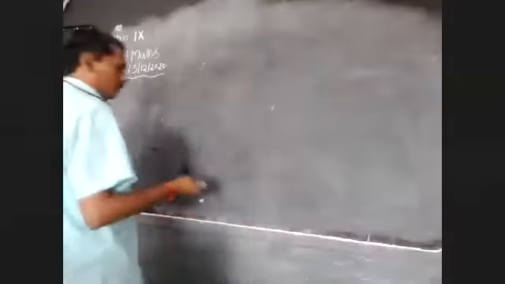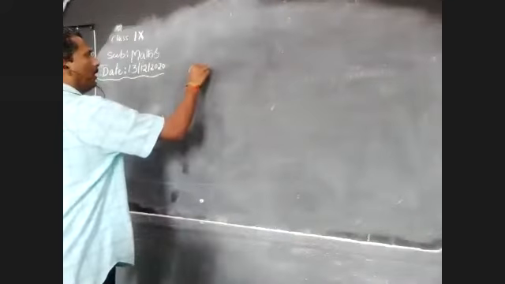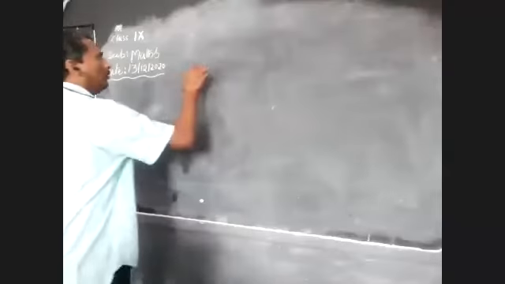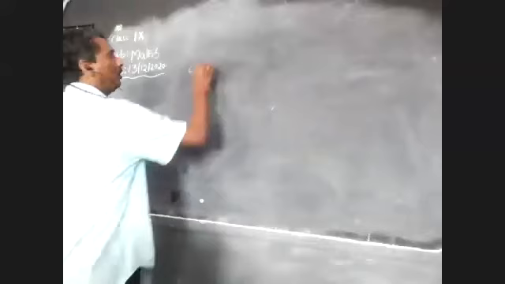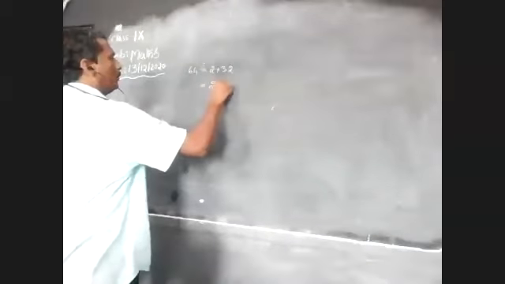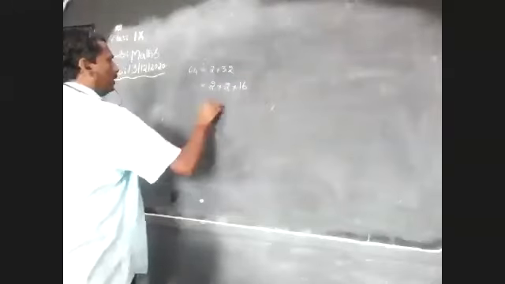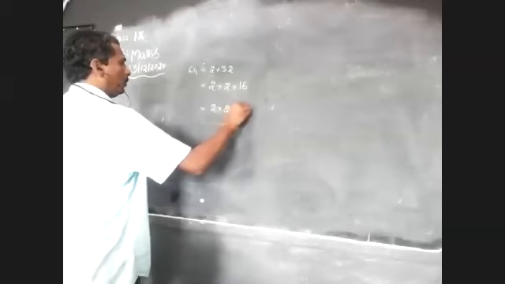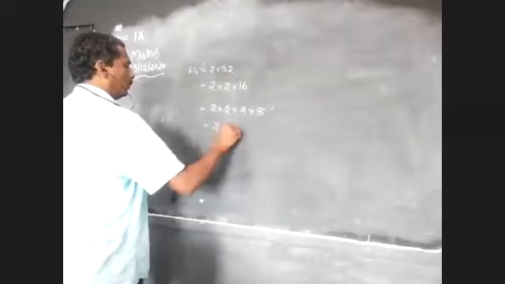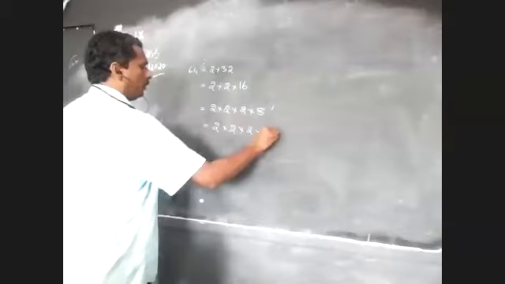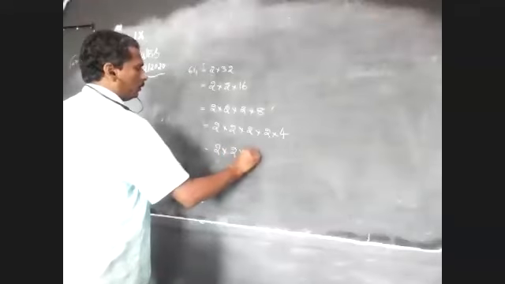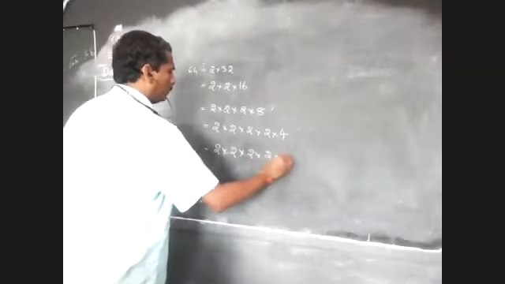So in the continuation, if 64 is given, we can write it in prime factors, in the perfect case. What are the prime factors of 64? 2 into 32, 2 into 2 into 16, 2 into 2 into 2 into 8, 2 into 2 into 2 into 2 into 4, 2 into 2 into 2 into 2 into 2 into 2.